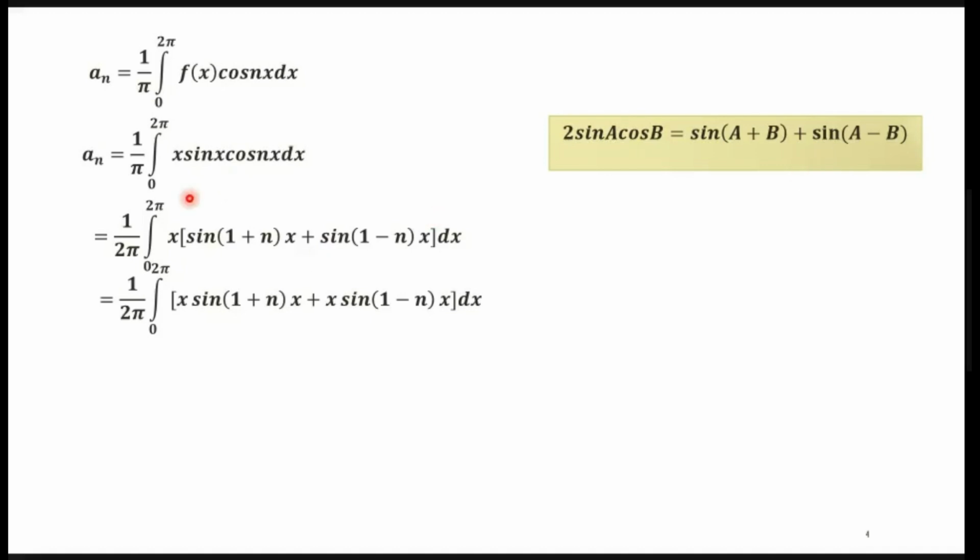And a minus b में x minus nx हो जाएगा, that will be 1 minus n into x dx. ठीक है, उसके बाद x को अंदर ले लिया है, तो x sin 1 plus nx plus x sin 1 minus nx.